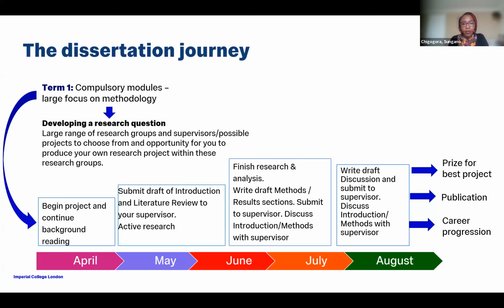The first assessment, which is the background presentation, this is the first summative assessment for this dissertation, will be normally in early June. And then you will be conducting the research and writing up all the way through July. And submit your written dissertation, so the 5,000 to 7,000 word report, in August, and finally have an oral viva in September. There's a prize for the best project, and we encourage publication.